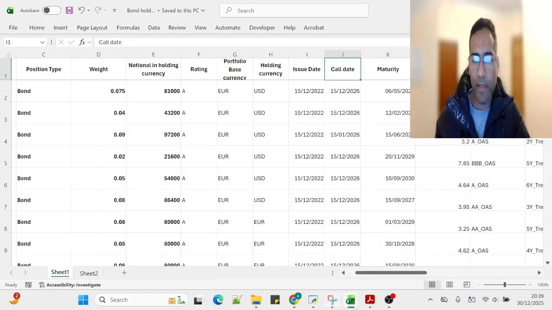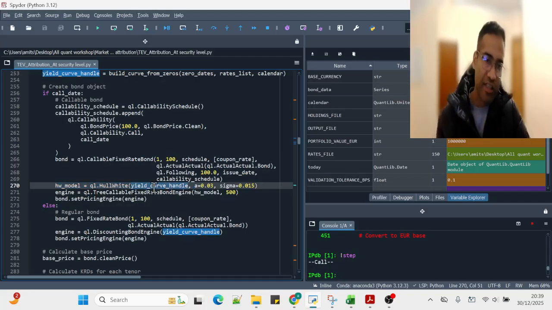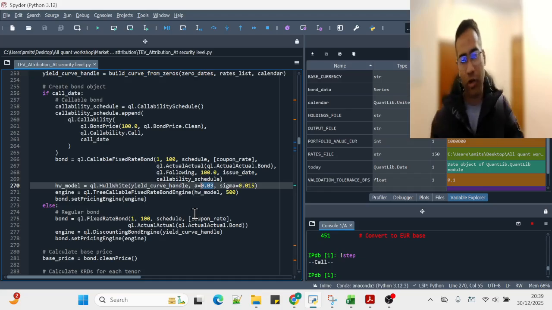Just like you can use multiple rated bonds in your portfolio. And this is the Hull-White model. I passed in the yield curve handle. Again, if you remember, I passed in the zero rates in the yield curve model. And this is, I think, the mean reversion parameter: how fast your rates converge to the mean or the long-term rate.